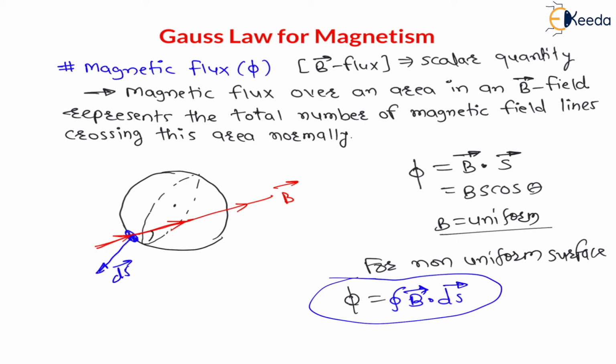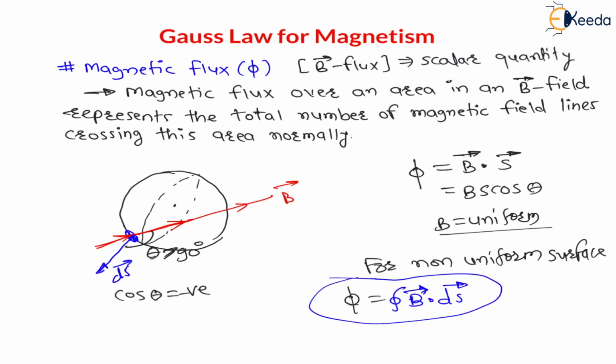If I check theta, definitely it is more than 90 degrees. So my dear students, cos of more than 90 will be negative, which means whenever the flux is entering inside, it is negative, because BS cos theta becomes negative, right?